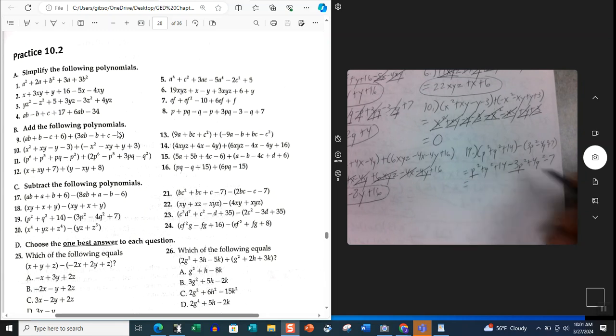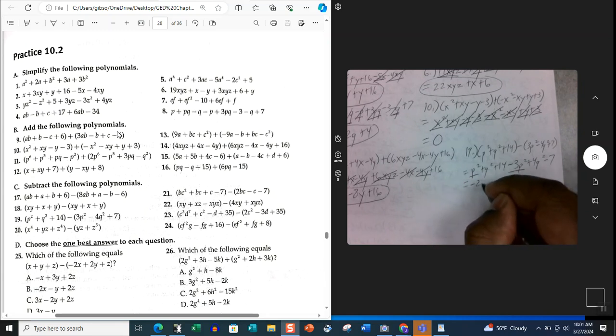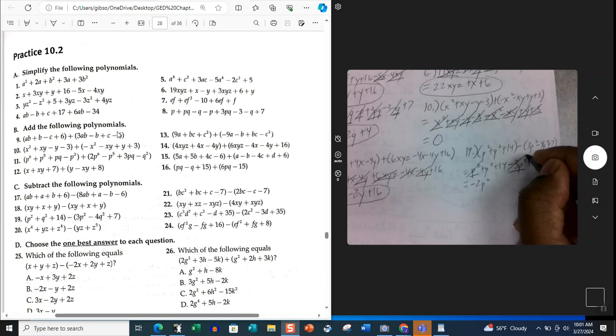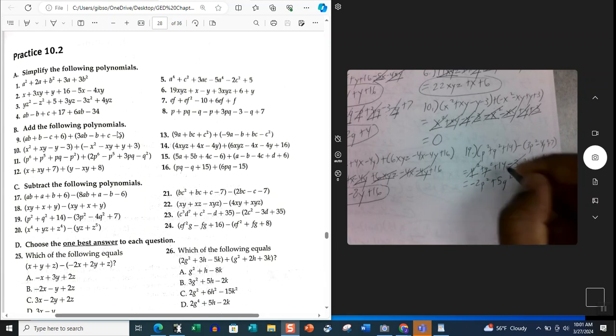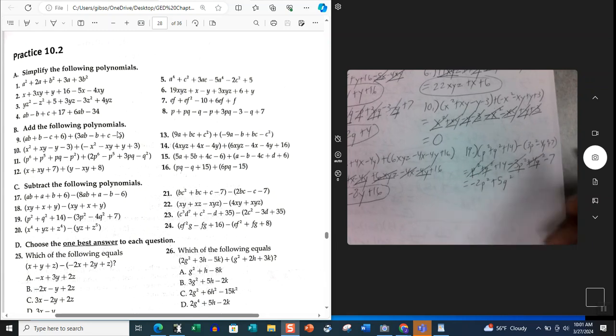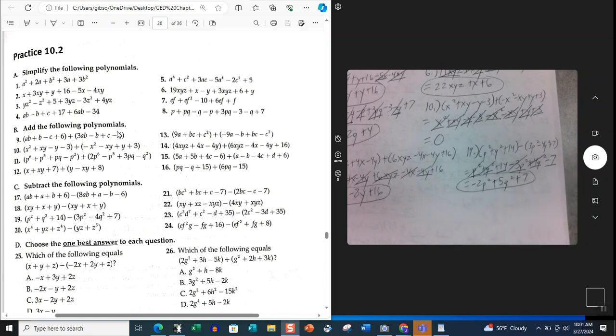P squared minus 3p squared is a negative 2p squared. Q squared plus 4q squared is positive 5q squared. 14 minus 7 is positive 7. And that took care of problem 19.